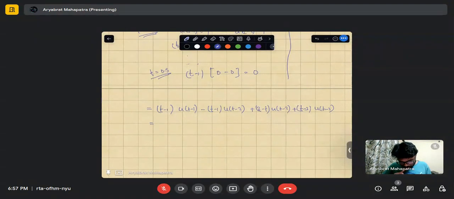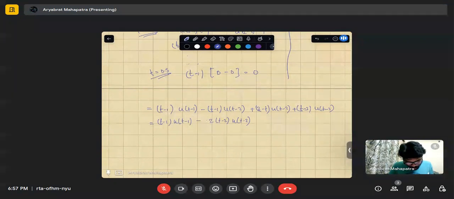or let me also write this in this way, because I have t minus 1 from here. You can just simplify it a bit. You'll get this is t minus 3.